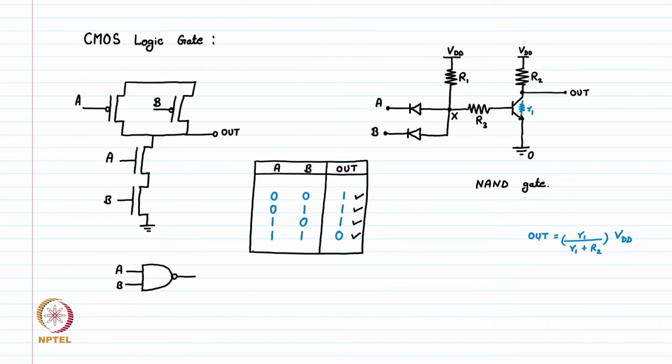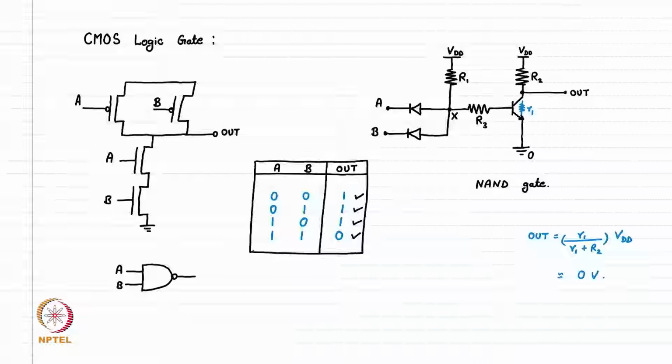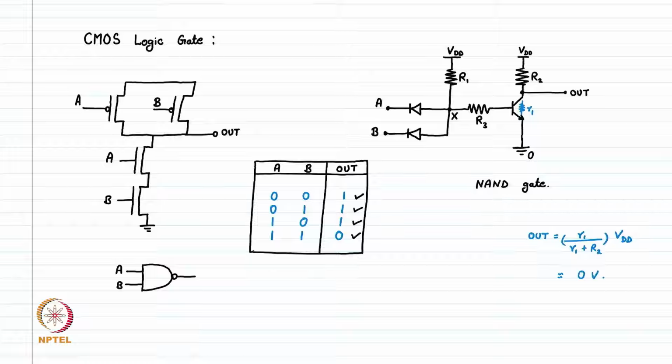So the low value of the output node is not exactly 0, but it is a function of r1 and R2. Typically r1 is very much less than R2, so it may be very close to 0, which we desire, but it is not exactly 0, because r1 and R2 are both finite numbers and VDD is typically 5 volts or so. So this 0 volt is not exactly 0, but very close to 0, maybe a few millivolts.